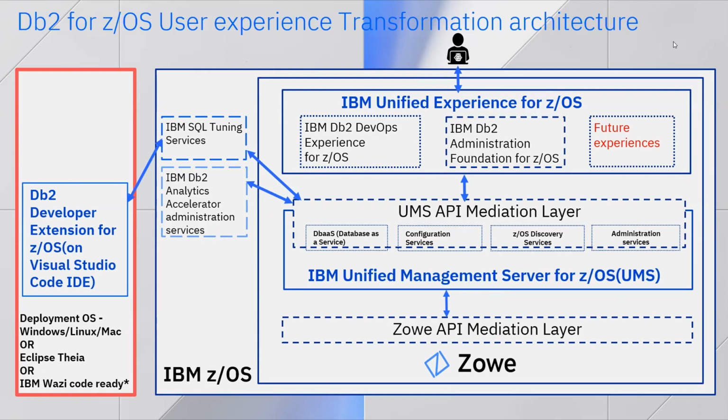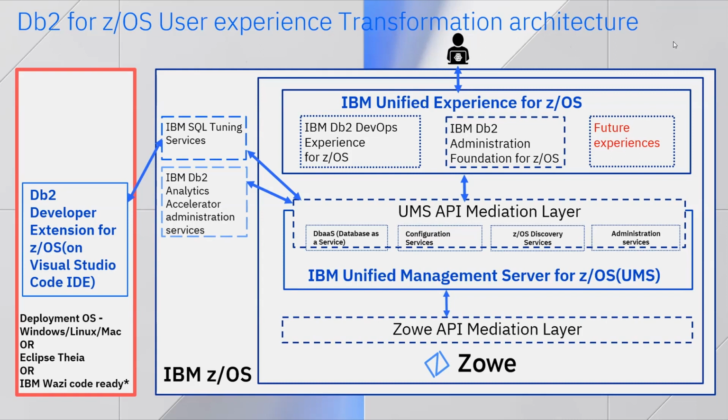The preference was always to have something running on Z, so it's easier for them to work with. After so many years of hearing the same thing, and with Zowe catching up quite a bit at that time, we decided to build on top of Zowe.